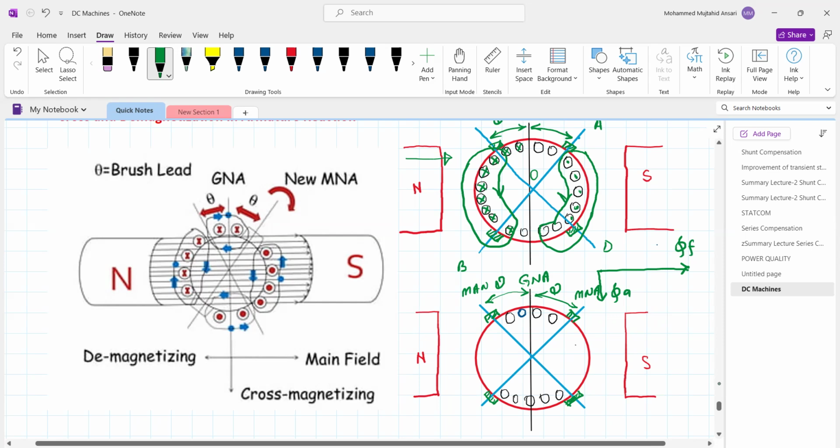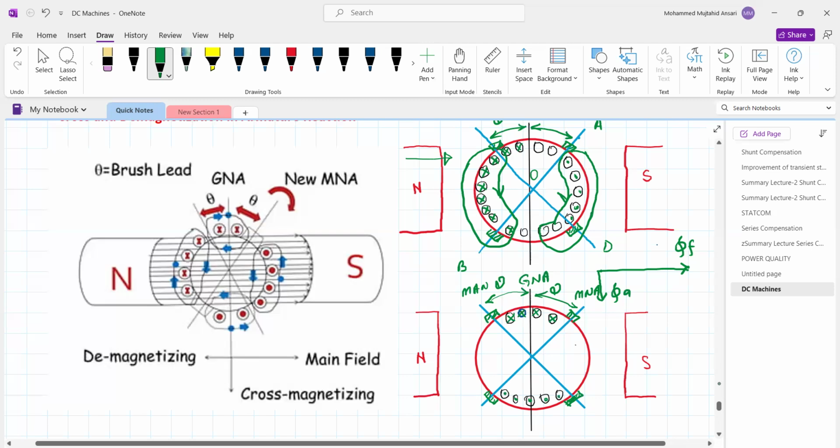So these are the conductors having current direction inside the screen, whereas the conductors having current direction out of the screen. So this is dot, this is dot, this is dot.